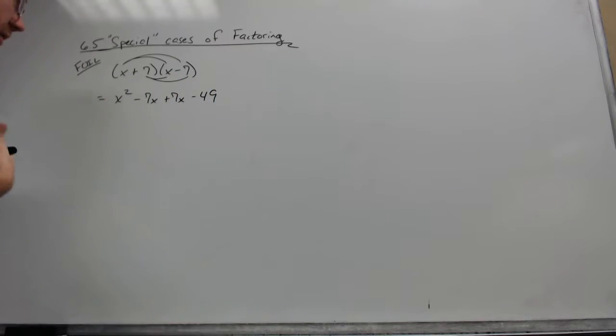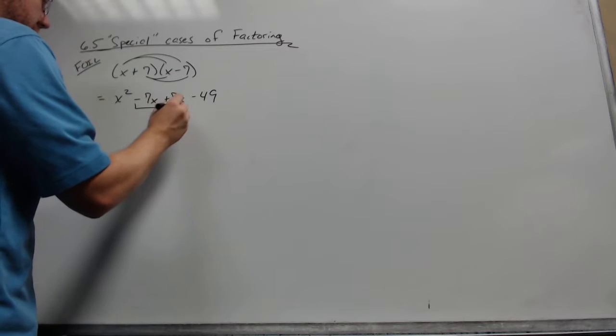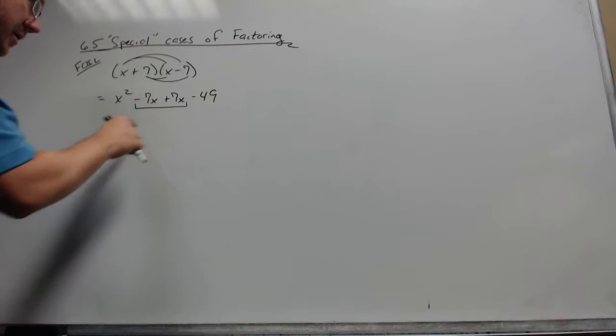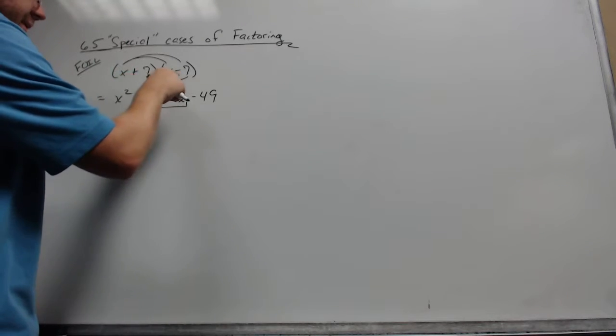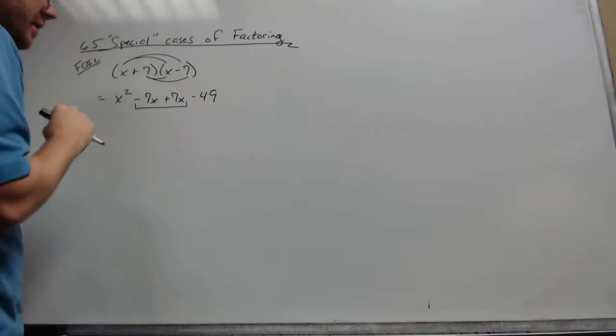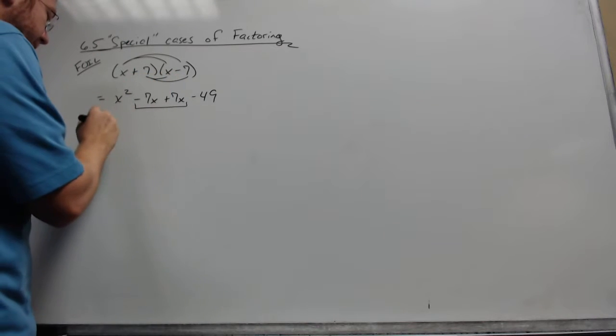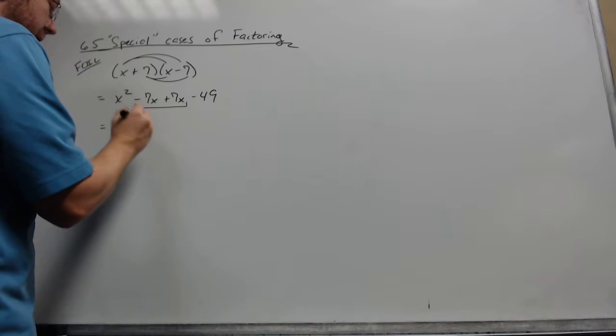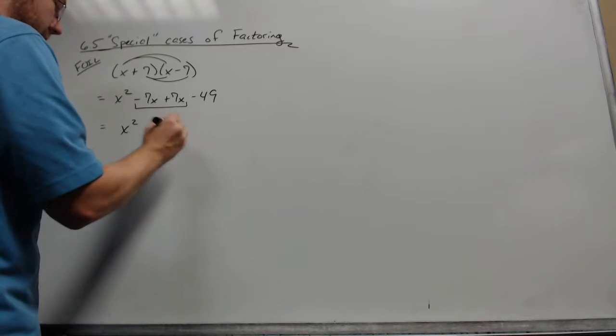So there's nothing special that we had to do in this multiplication. Just the end result is somewhat different because these middle two terms happen to cancel each other out. And that's a direct result of one being positive and one being negative and happening to be identical. So right, we end up with x squared minus 49.